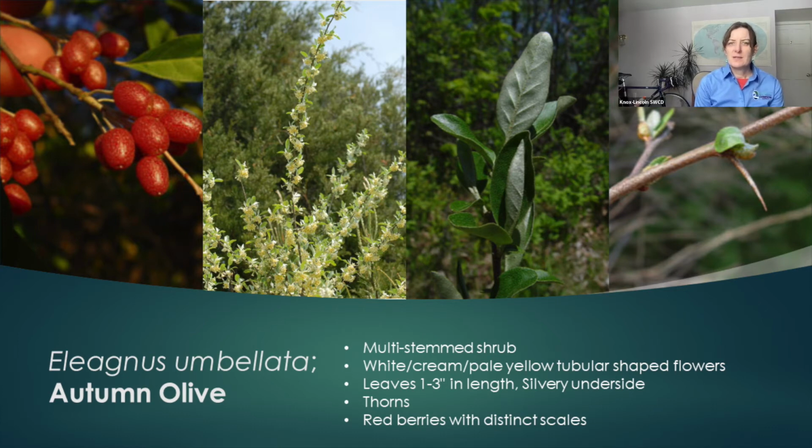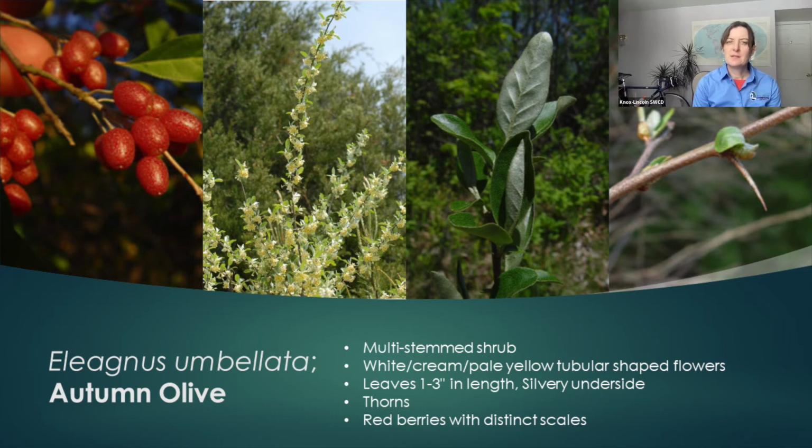Autumn olive is a multi-stemmed shrub that grows on average 8 to 15 feet, though given the right conditions, can be much larger than that. It flowers with a white, cream to pale yellow, tubular shaped flower with distinct four-petaled pattern, and they are fragrant.